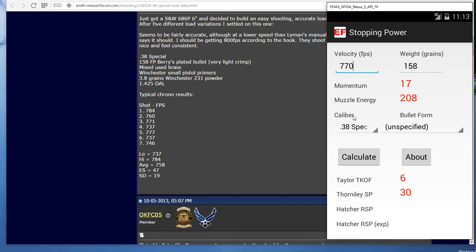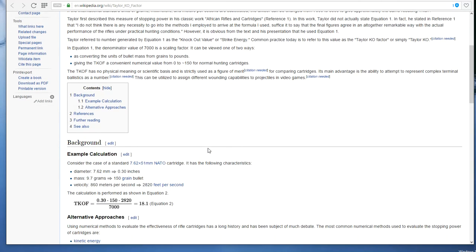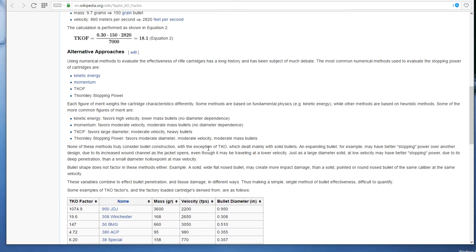Now, both Taylor and Thorniley were big game hunters, as described on the Wikipedia page for the Taylor knockout factor. That page, on the alternative approaches, also references Thorniley stopping power and does a comparison of the 4 measures that we've given thus far in the app.